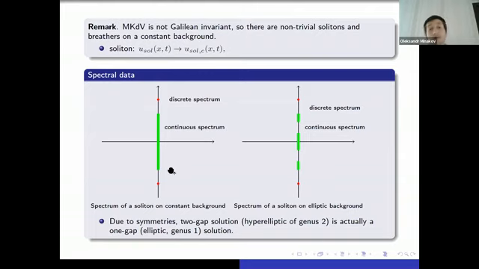A constant corresponds to a continuous spectrum also on the imaginary axis, and the elliptic wave corresponds either to two intervals or to three intervals on the imaginary axis. So they look like genus 1 and genus 2 solutions, but in reality, the genus 2 solution here can be reduced to a genus 1 solution.